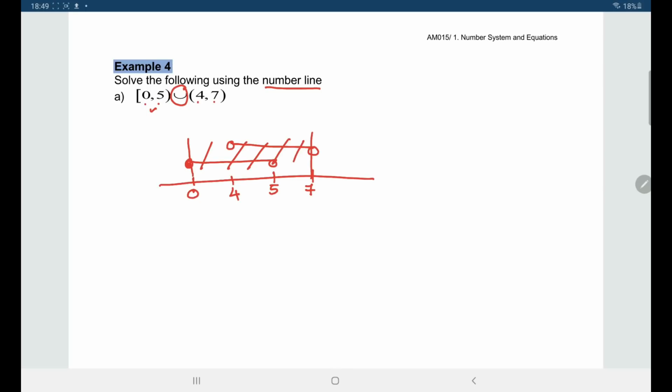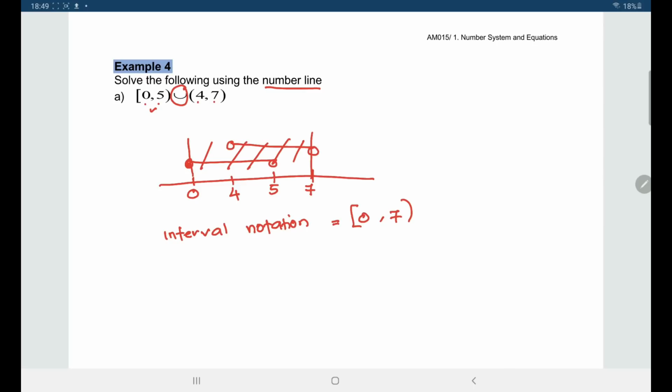We have two methods to write the answer. First method, interval notation. So equals 0 to 7. At 0, a filled circle, so closed. And at 7, an empty circle, so open.